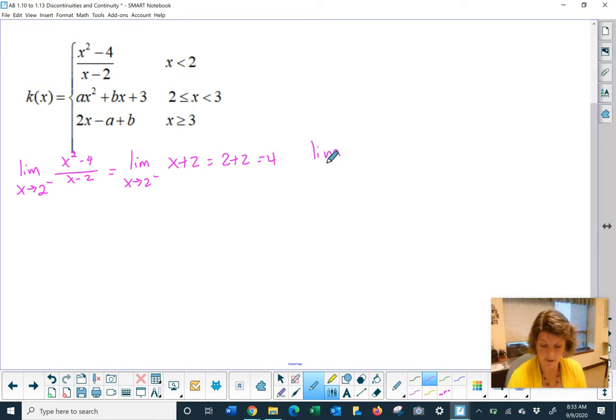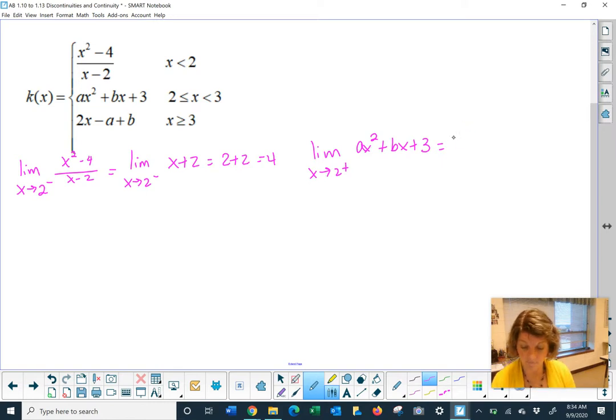Let's also look at the limit as x approaches 2 from the right of k of x. That will be ax squared plus bx plus 3, which if I plug in 2 for x, I will get 4a plus 2b plus 3.